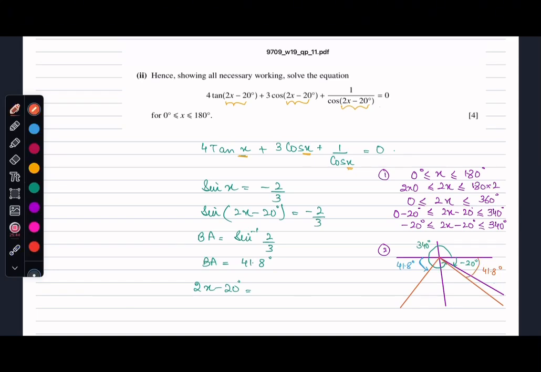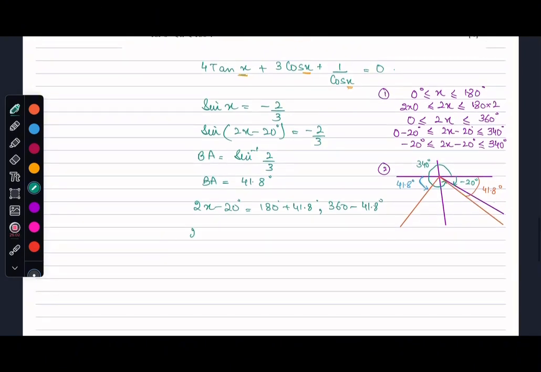So with that, if I solve the equation, then I can see that my general angle has to be 180 plus 41.8, and 360 minus 41.8, which shall give us the answer as 2x minus 20 equal to 221.8 degrees, and here it should be 318.2 degrees.